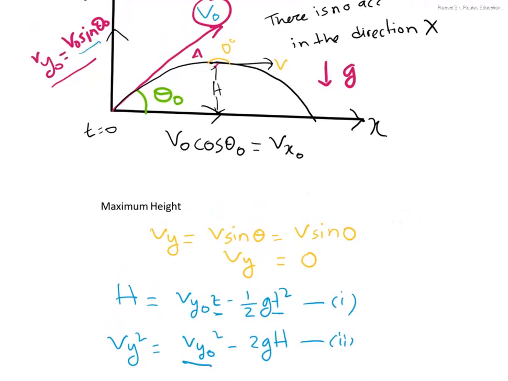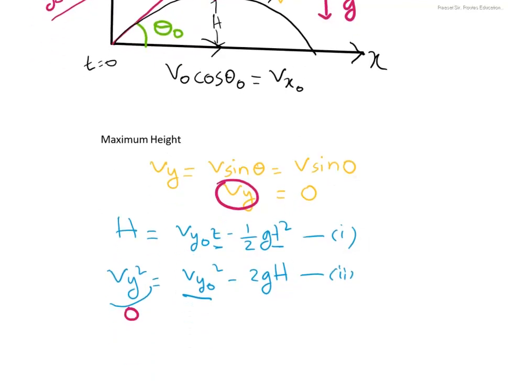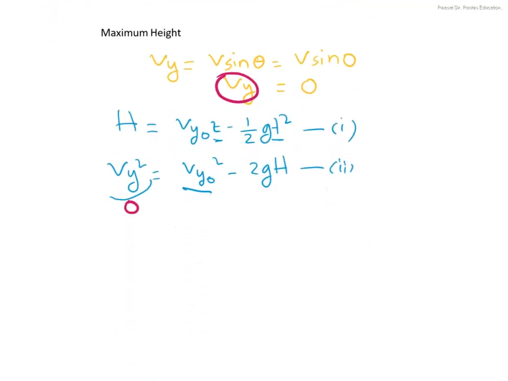Here vy naught is v naught sine theta naught, and vy square is 0, because at maximum height the velocity is 0 in the y direction. So from this equation we can calculate the maximum height.